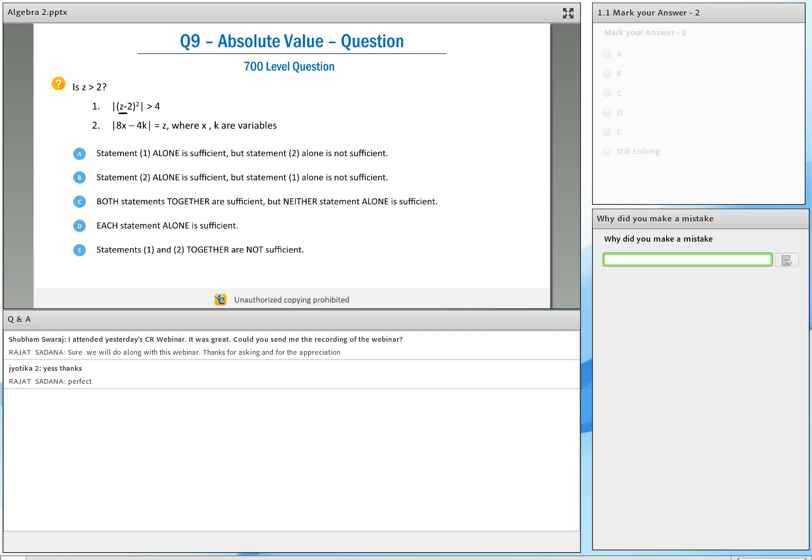Yes. Can z take a value of plus 5? Yes. Right? So can statement 1 be sufficient? Okay, statement 1 can't be sufficient.